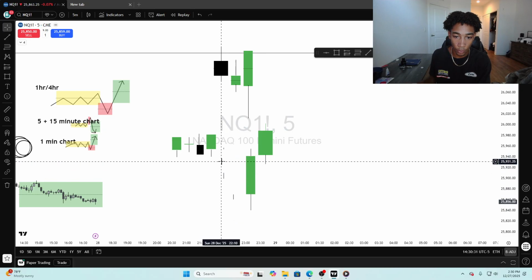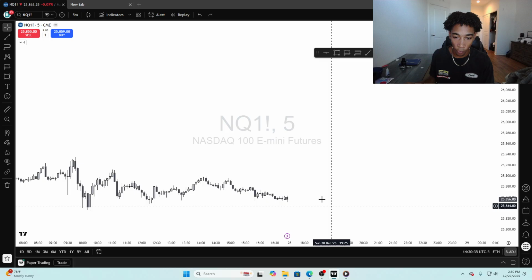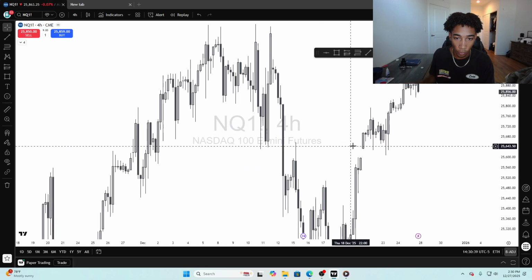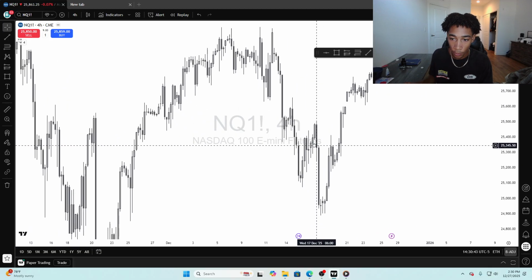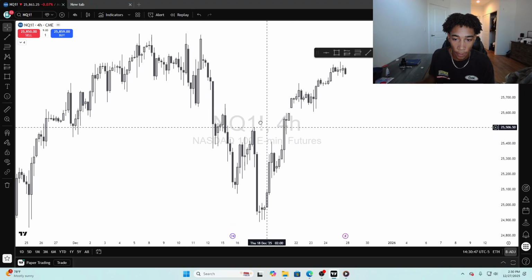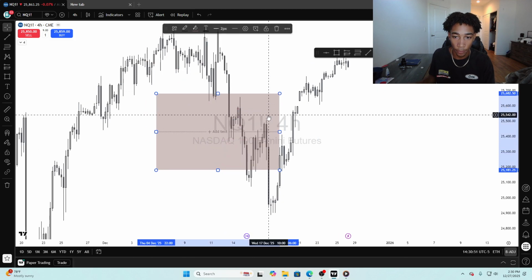Now if we do it in price, go to 4 hour, look for something. We'll choose this area right here. Let's start off on the daily.